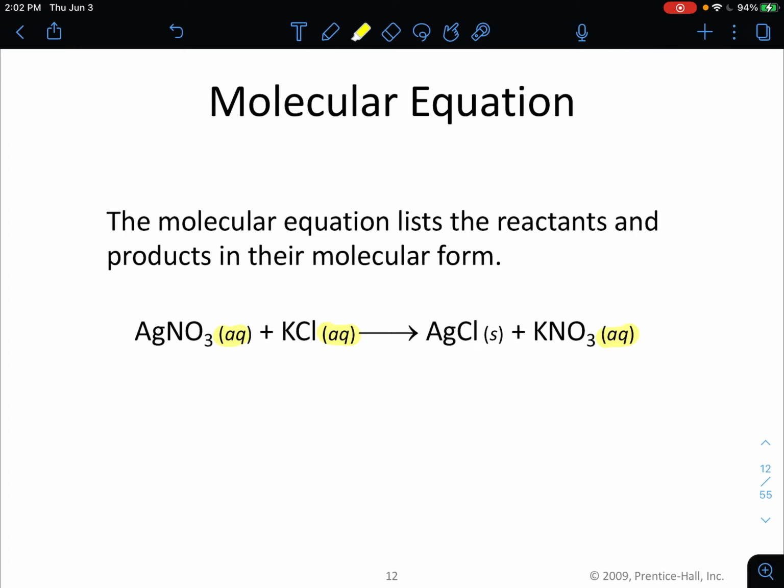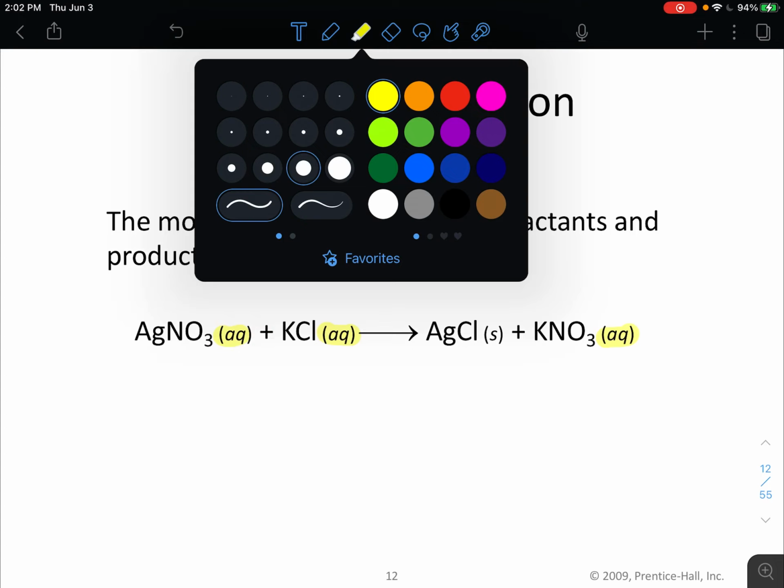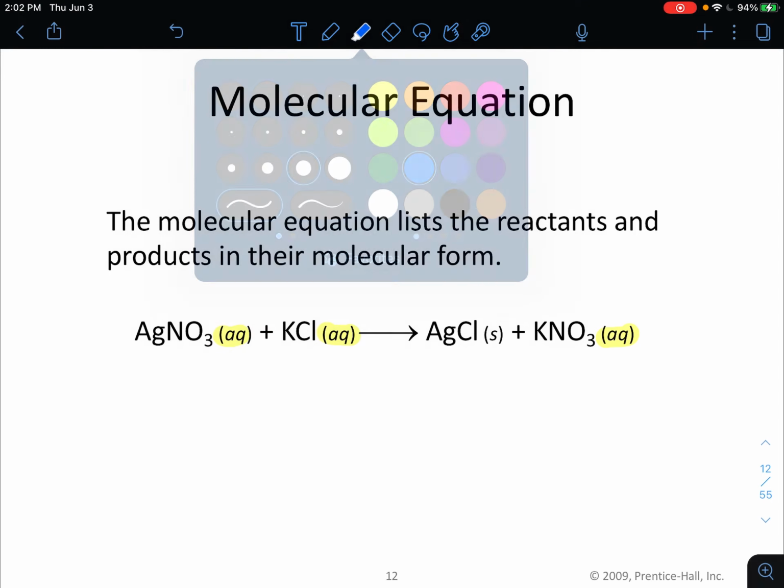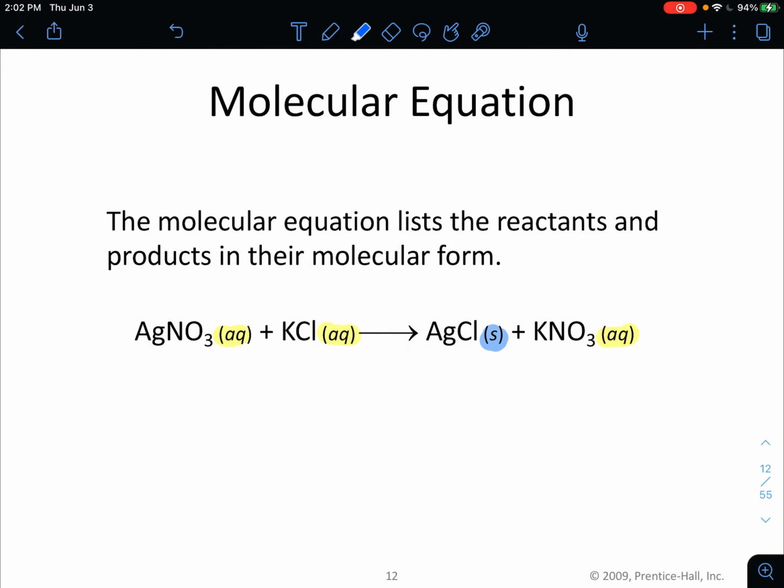We know that because it says AQ after them and they're ionic compounds, but the silver chloride is going to stay put. So we're going to convert silver nitrate into silver plus 1 and nitrate minus 1, potassium chloride into potassium plus 1 and chloride minus 1, and potassium nitrate into potassium plus 1 and nitrate minus 1.